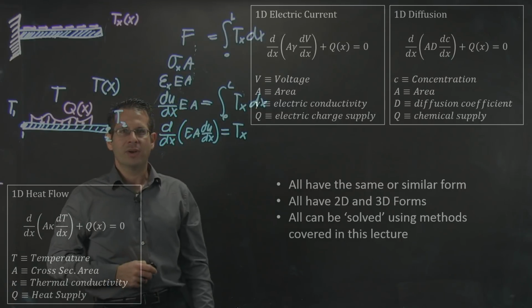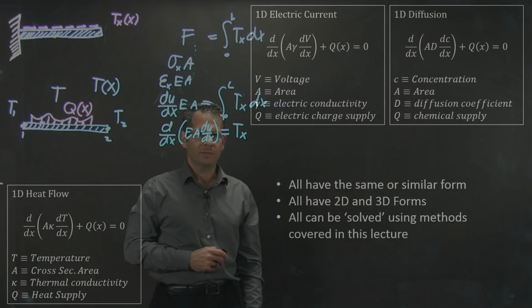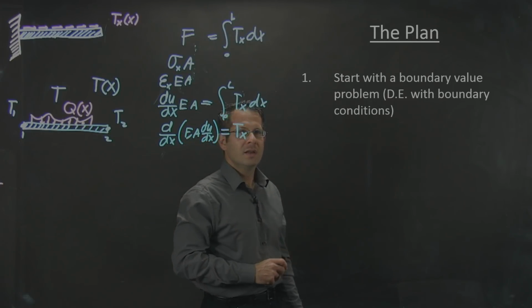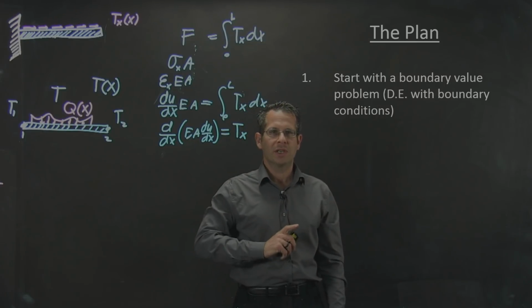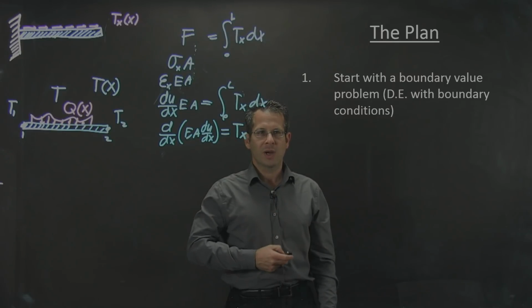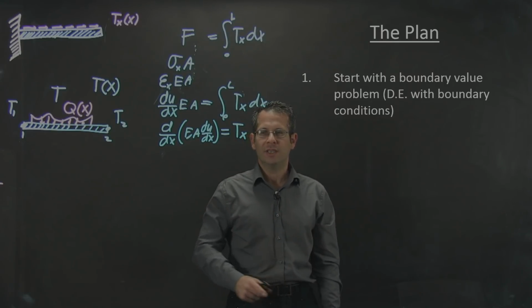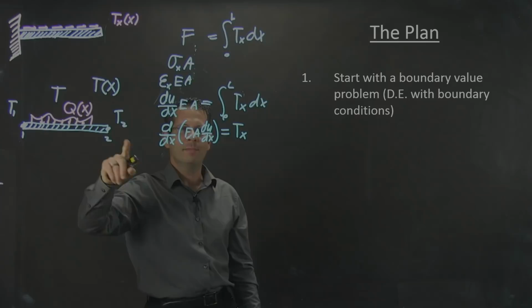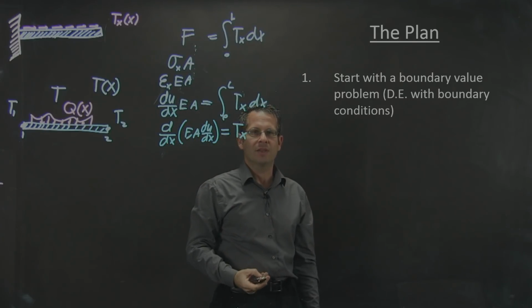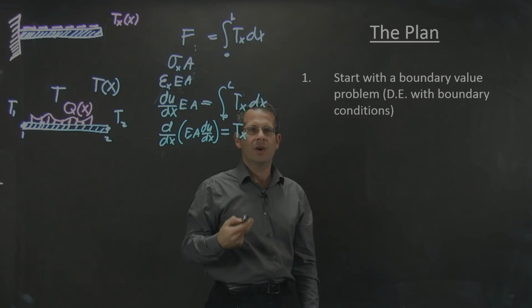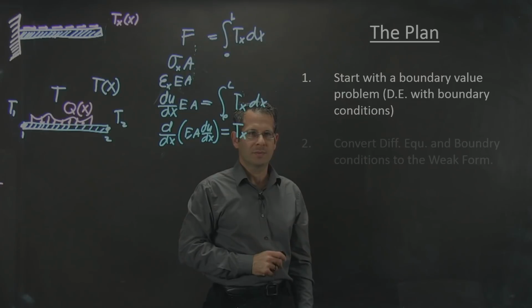So how are we going to develop Galerkin's method? Here's our plan. The first thing we're going to do is start with what's called a boundary value problem. That's a differential equation with boundary conditions. Either I know the values of the function I'm trying to solve for at the endpoints, or I know the values of the derivatives at the endpoints, or I know some combination of those two.